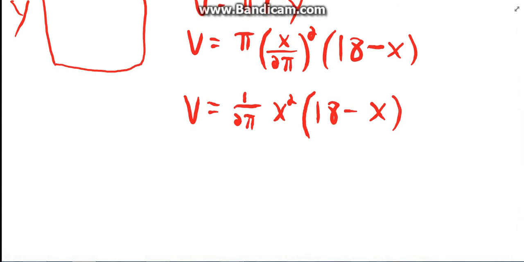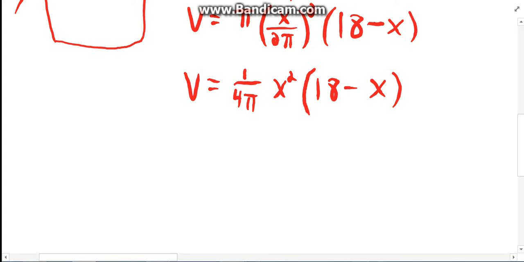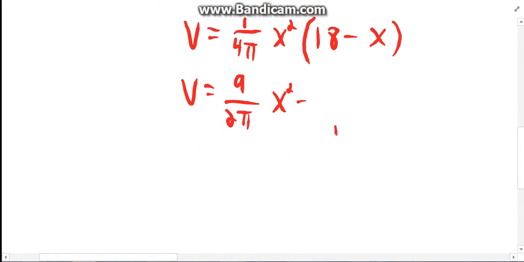Sorry, that should be a 4 pi. We're going to have pi squared in the denominator, but it's going to cancel with the other pi. If you square x over 2, you get 1 over 4, and there's an x squared there. Then we need to distribute. So the volume's going to be 18 times 1 over 4 pi, which is the same thing as 9 over 2 pi x squared, minus 1 over 4 pi x cubed.